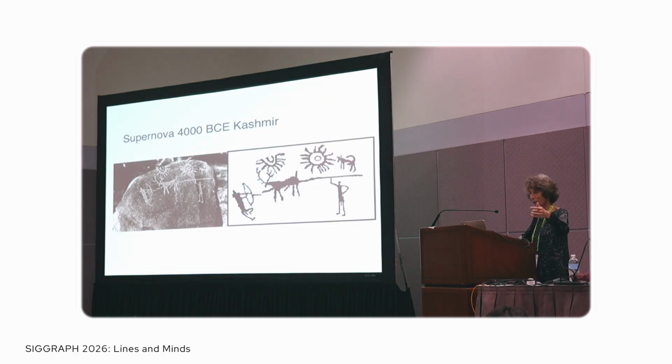This inspired your bookmark. It's an event, and you see these people pointing to two suns in the sky. Why two suns? This was 4,000 years ago in Kashmir, and an Indian astronomer found out that exactly then there was a supernova.